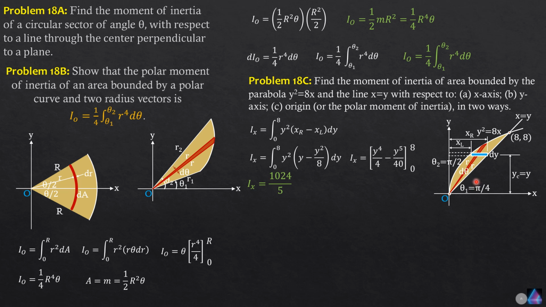Likewise, Iy. That's why I consider the strip, so that you will also have an experience where the strip is perpendicular to the axis. So just imagine we have two rectangles and we compute moment of inertia with respect to the base, and the base is the y-axis here. So we have the base dy and the height would be right x and left x respectively. So it is the moment of inertia of the big rectangle with respect to the base minus the moment of inertia of the small rectangle with respect to the base.